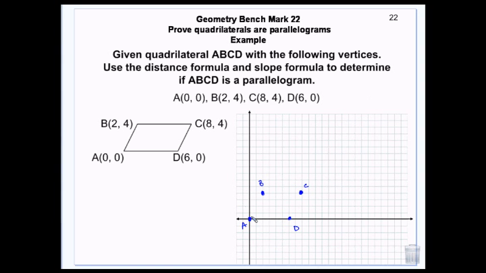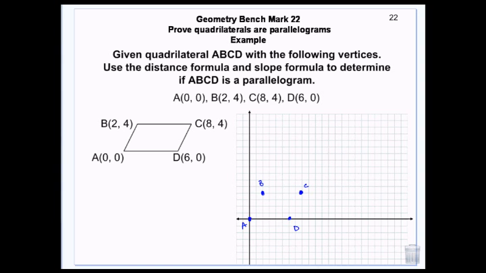What we're going to do is prove that opposite sides are both congruent and have the same slope, so that would make them parallel. If opposite sides are congruent and have the same slope, then you have a parallelogram. Okay?